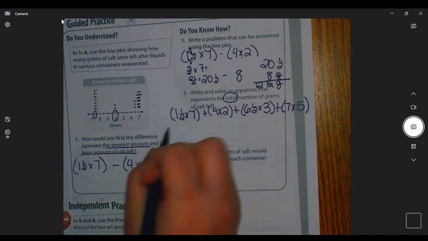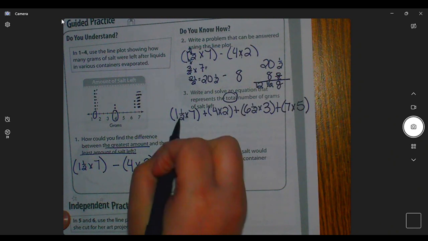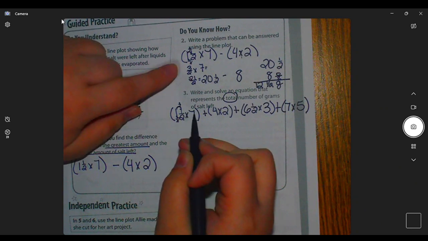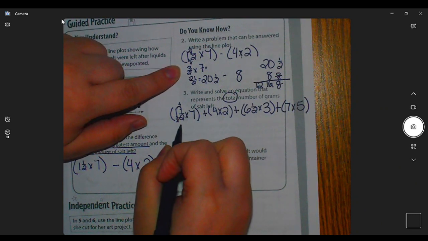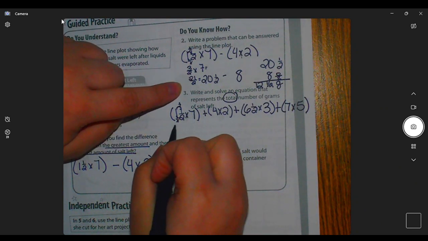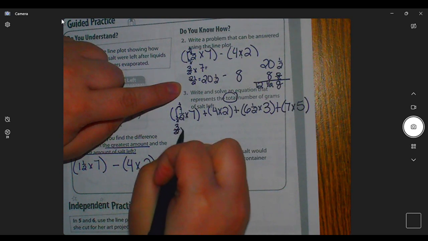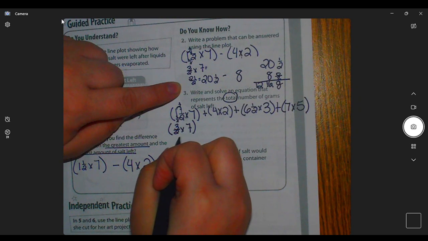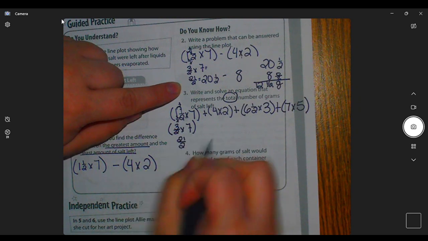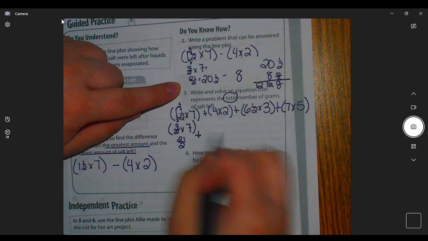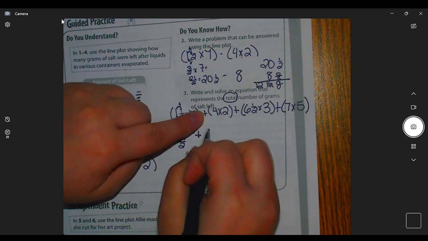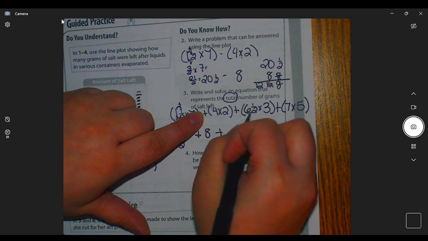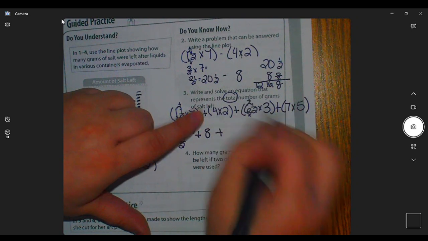So I know that multiply, then add, because from my top up here, that's 3 1/2 times 7. And that gives me 21/2 plus 4 times 2 is 8 plus, keep it going, multiply, then add.